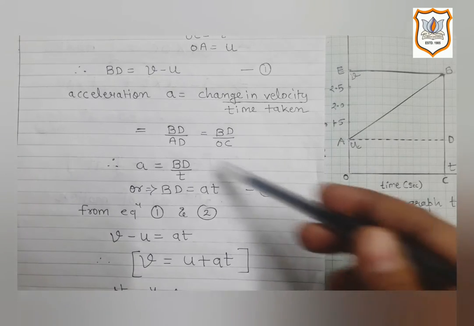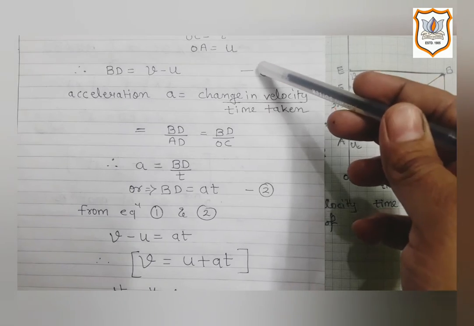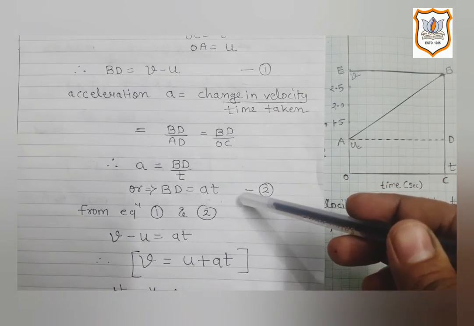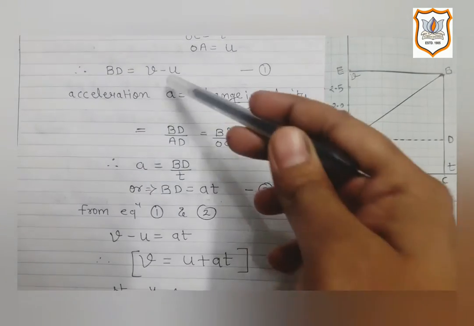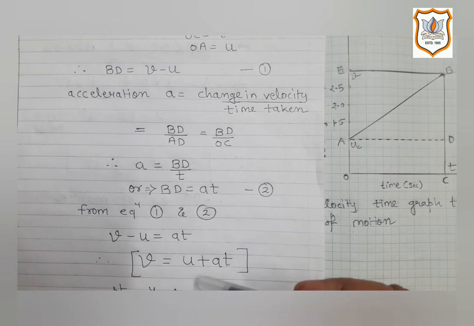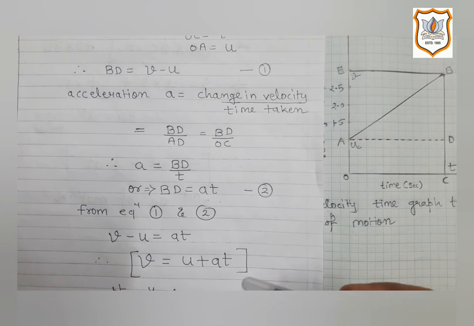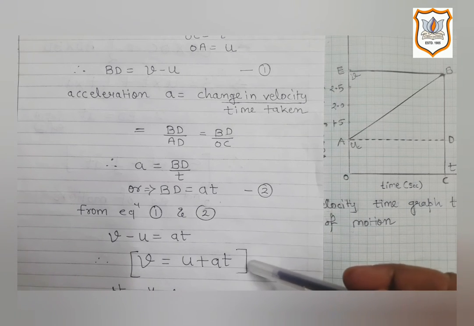You can write this as equation number 2. From equation number 1 and equation number 2 we can write the relationship as BD = at. So v - u = at, or v = u + at. This is our first equation of motion, obtained from the velocity time graph.